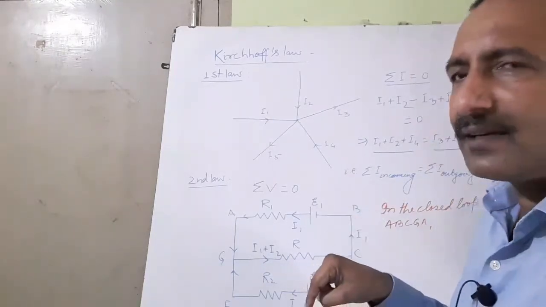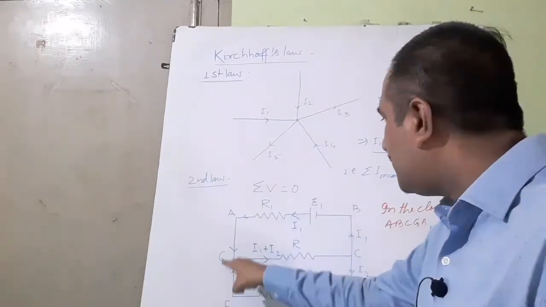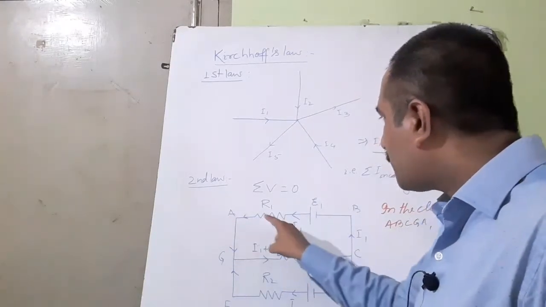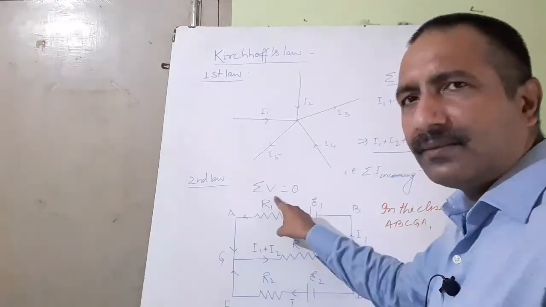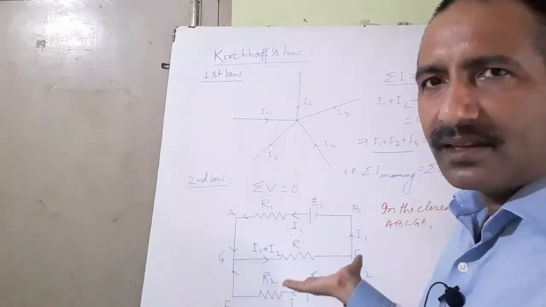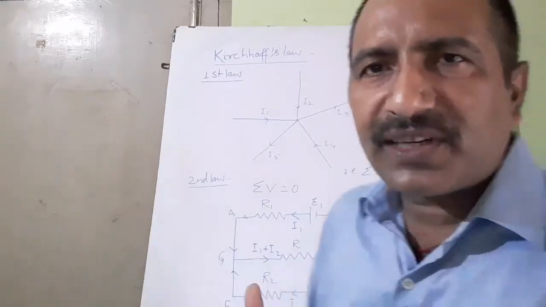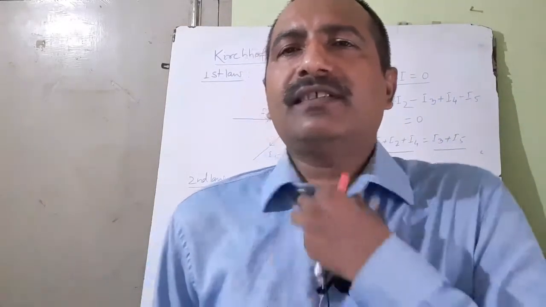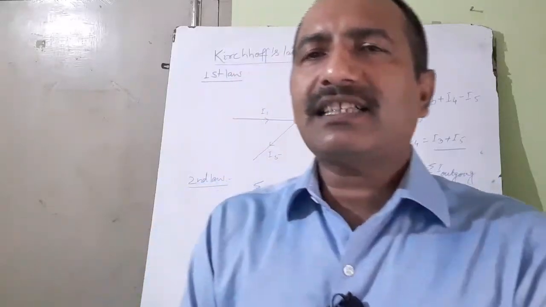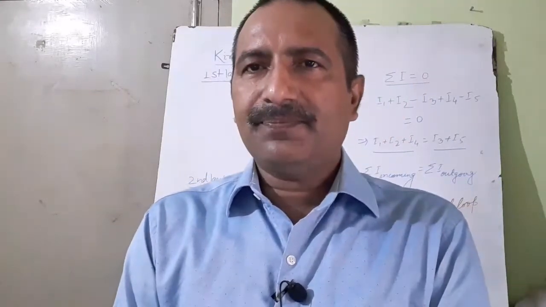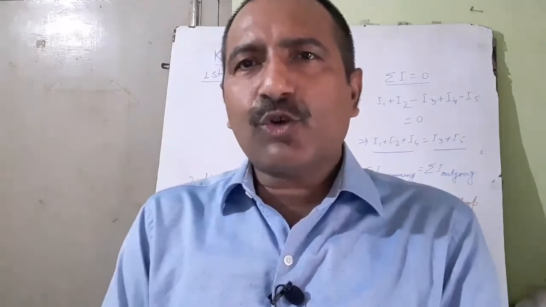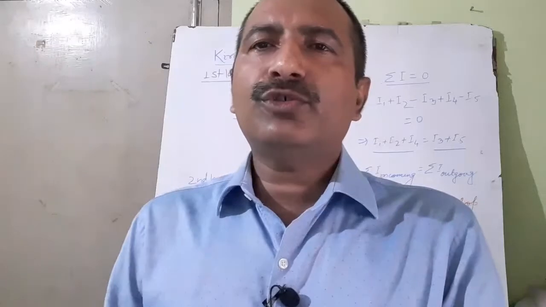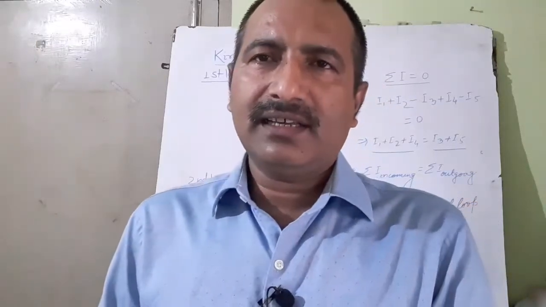But if you take the loop as B, A, G, C, B, means along the direction of current, potential difference across R1 will be positive, I1 R1. Got it? So potential difference along the direction of current is positive and opposite to the direction of current is negative. Reverse can also be used, okay, but I will suggest you to use this convention only.